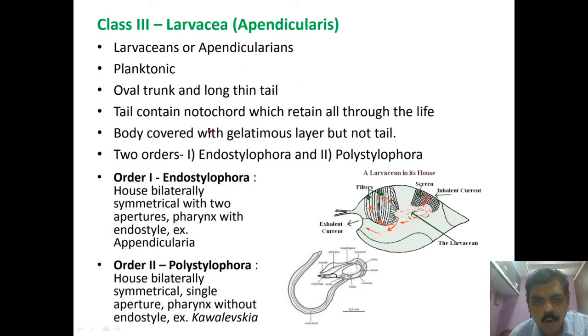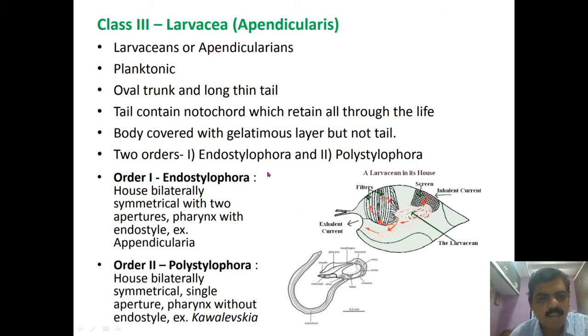These are planktonic organisms. An oval trunk and long thin tail are there, and the tail contains the notochord. As it doesn't metamorphose, it remains permanently, and the body is covered by the gelatinous layer, but not the tail.